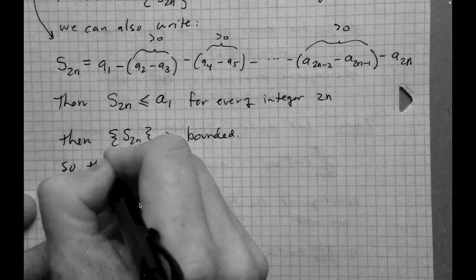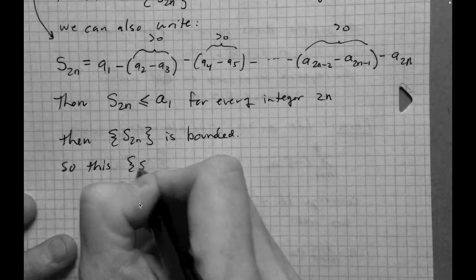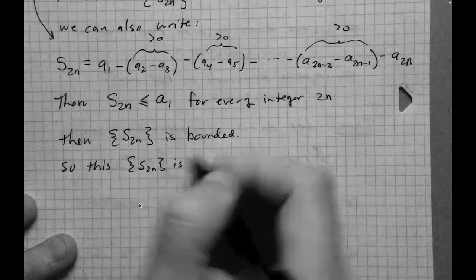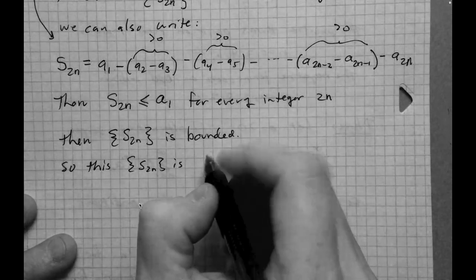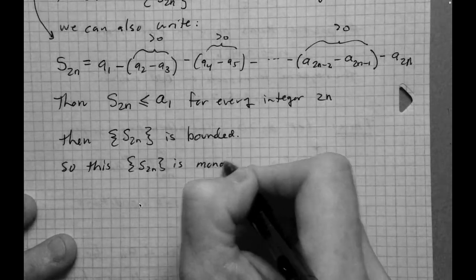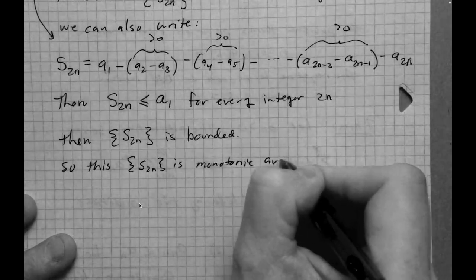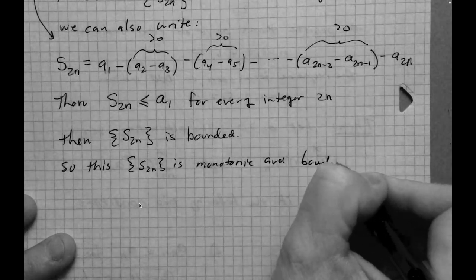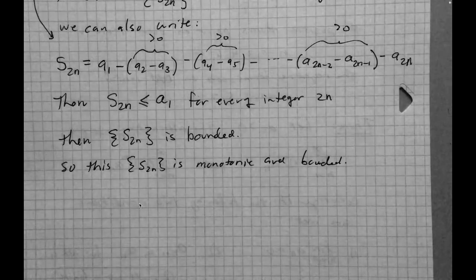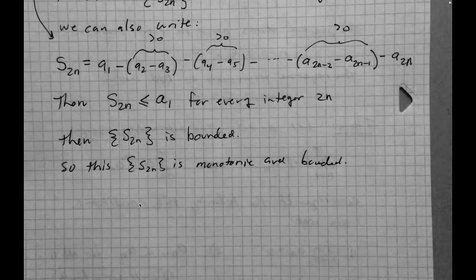So this sequence, S of 2n, is monotonic and bounded. Now technically we say it's monotonic increasing and bounded above.